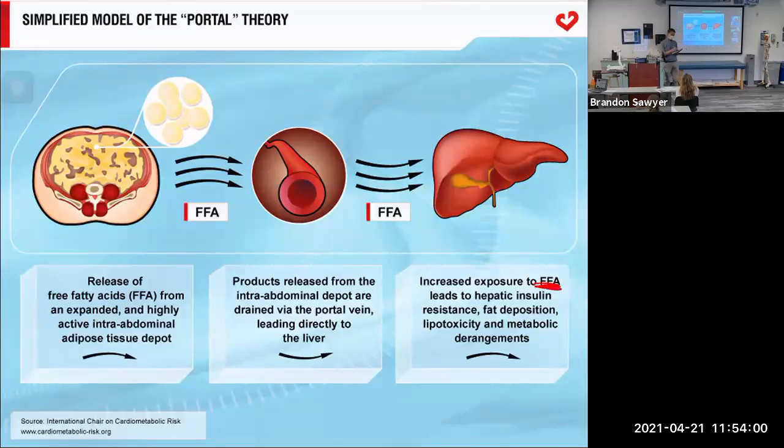And so if we have all this visceral fat right next to that big portal vein, then the next stop for it is the liver, right? And so we get what's called non-alcoholic fatty liver disease, which is fatty liver disease that can happen from drinking a lot, but it can also happen from having high levels of visceral fat. And this is kind of a theory as to why. And so that would be directly linked to that hepatic glucose production, having fat build up in the liver.